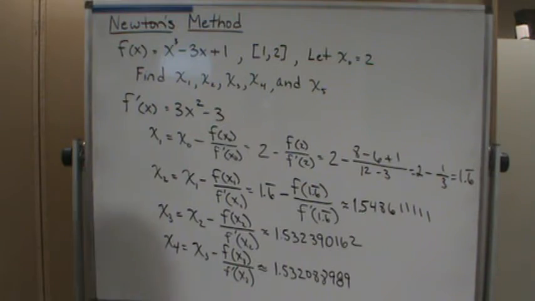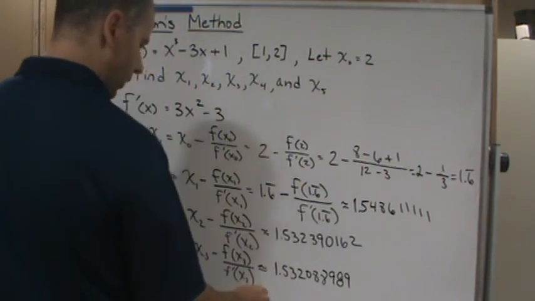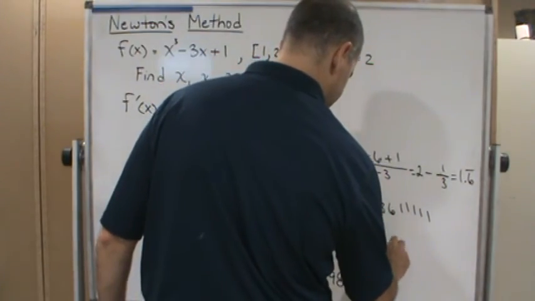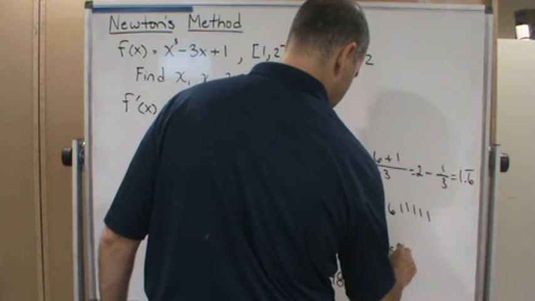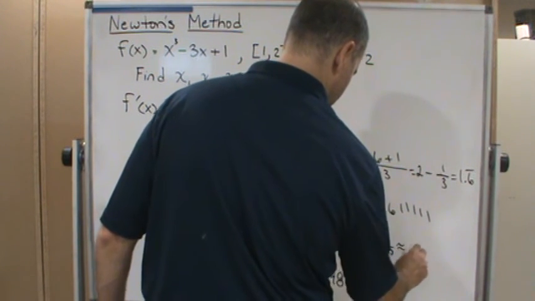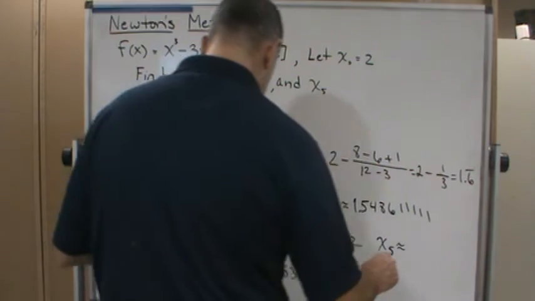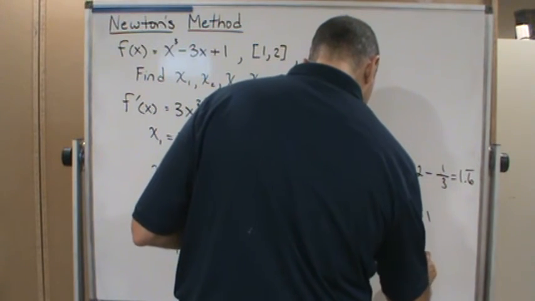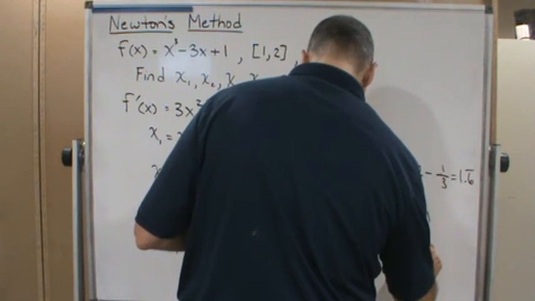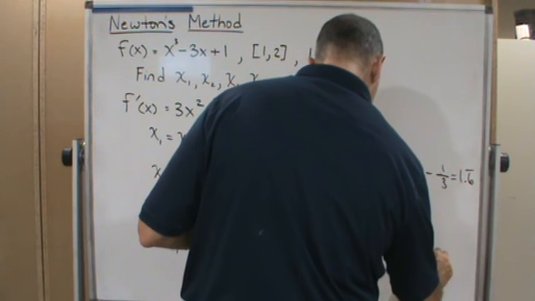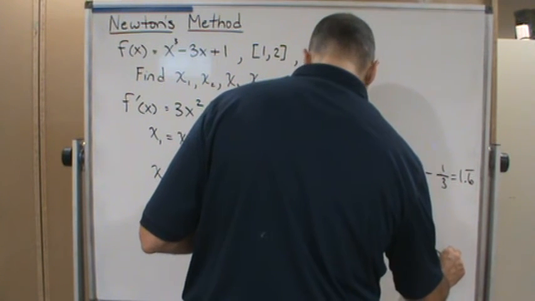And then finally, if you keep going, you'll get x5, which is going to be approximately 1.5320820.